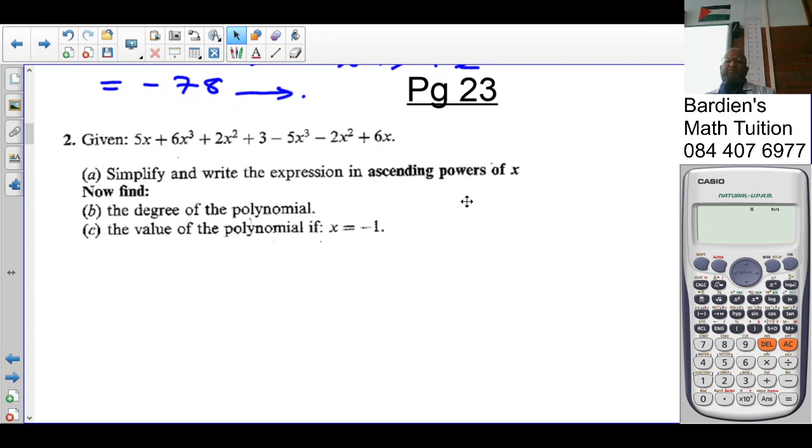They say simplify and write the expression in ascending powers of x. Okay, so if you're going to simplify this and write it in ascending powers of x, we're going to first add our like terms, not so?